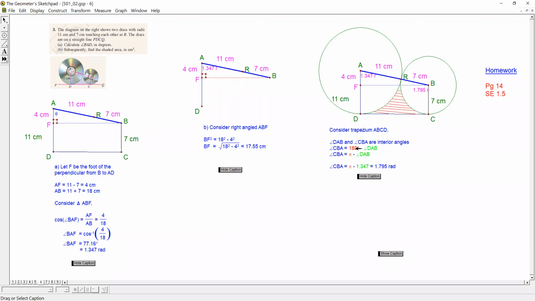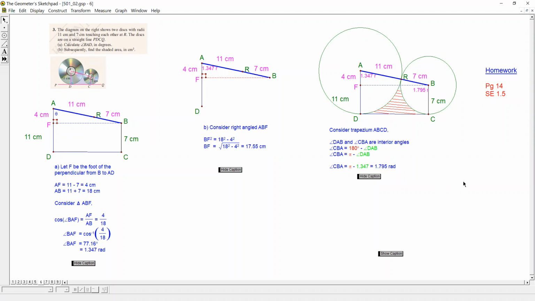Now again, I told you don't use degree; instead of 180, you use pi, then minus DAB, the angle here. Then you will get the angle on this side.